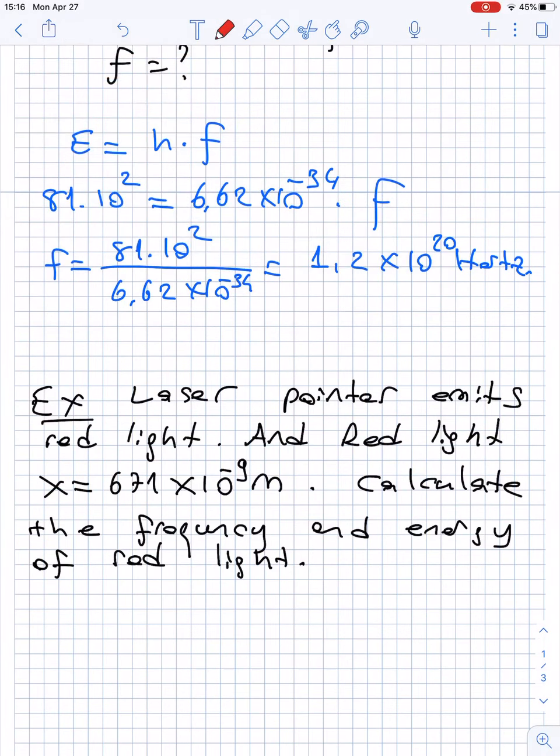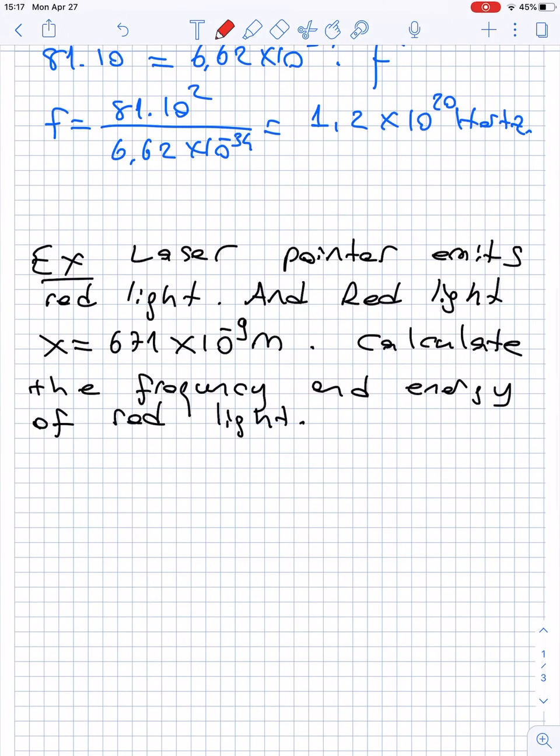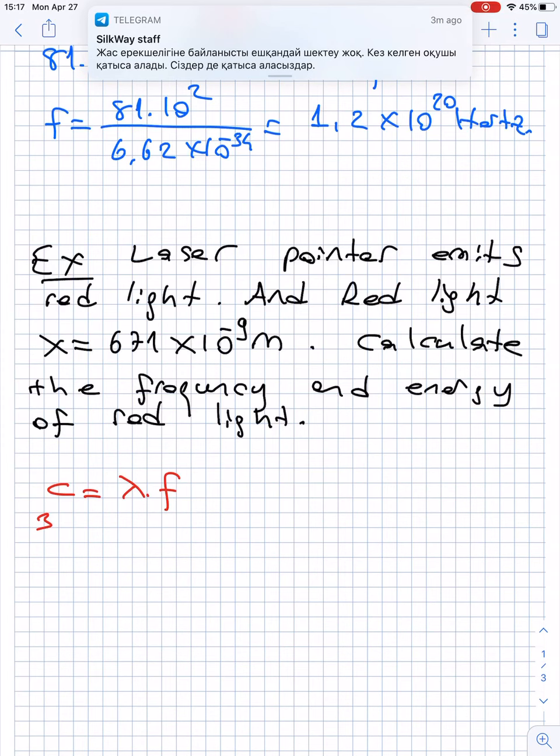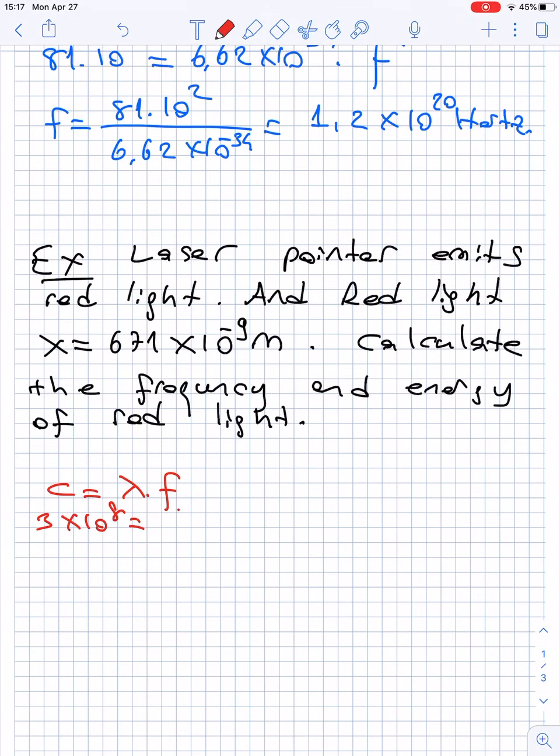Firstly, we have to find the frequency of the red light. Please remember this formula: C is equal to wavelength multiplying frequency. C means the speed of light. Always it is constant, 3 times 10 to the 8. The wavelength of the red light we know is 671 times 10 to the power minus 9, and the frequency we don't know.